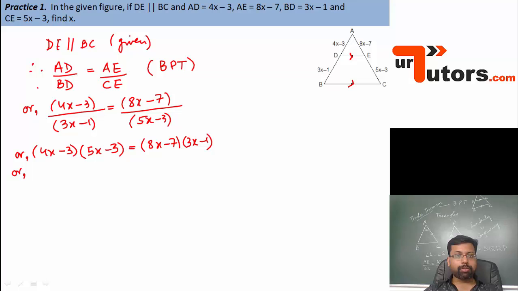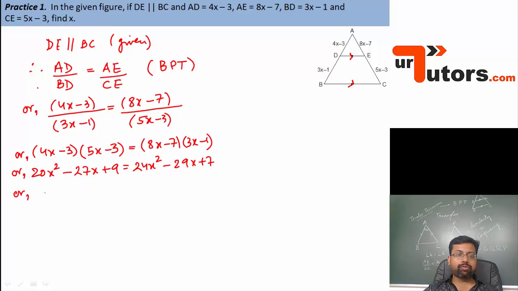So let's see what it will be. It will be 4x into 5x is 20x square minus 12 minus 15, so it will be minus 27x plus 9, and on the right hand side you have 24x square minus 8 and minus 21 is minus 29x plus 7.